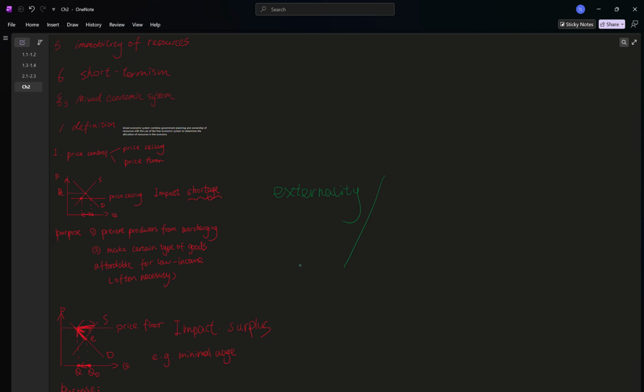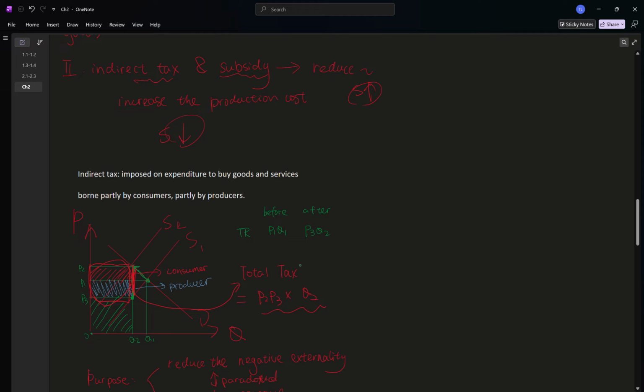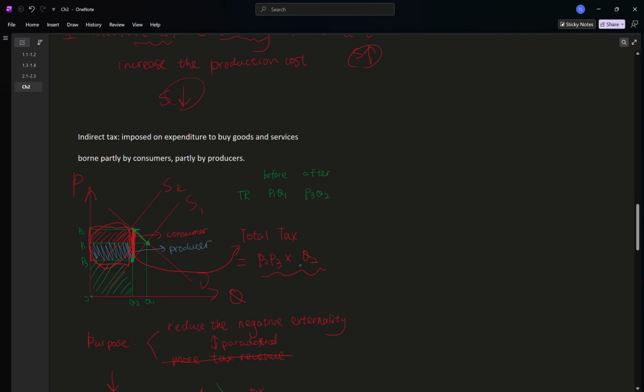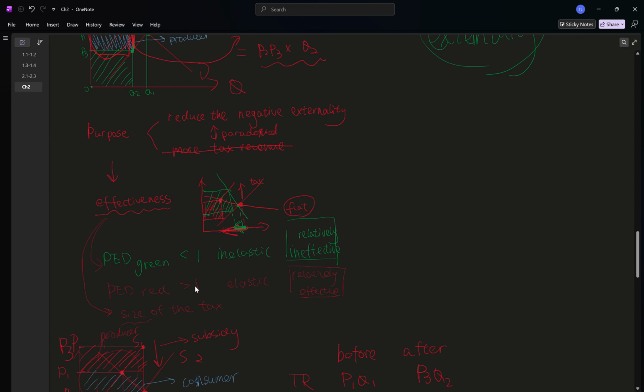And indirect tax can also prevent monopoly. You see, because it can prevent overcharging. And for indirect tax and subsidies, I think it is also about externality. It solves the problem of externality.